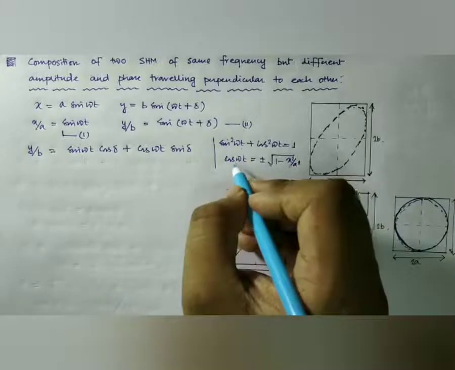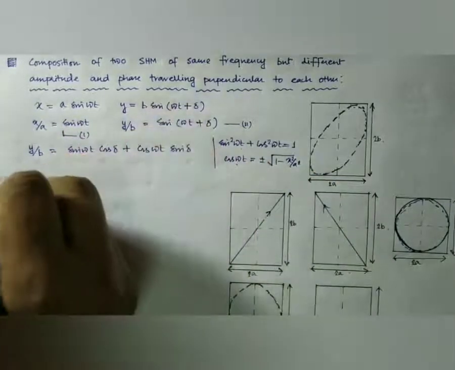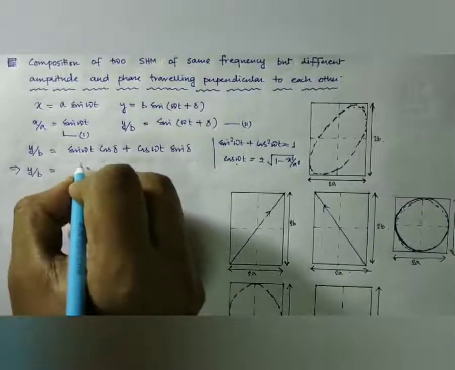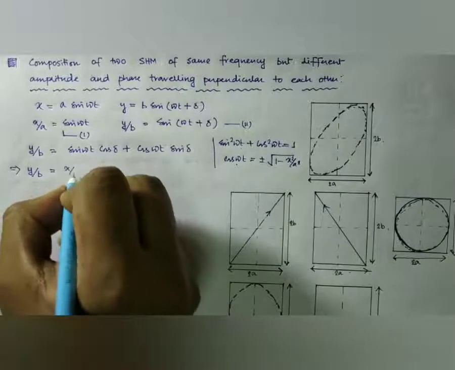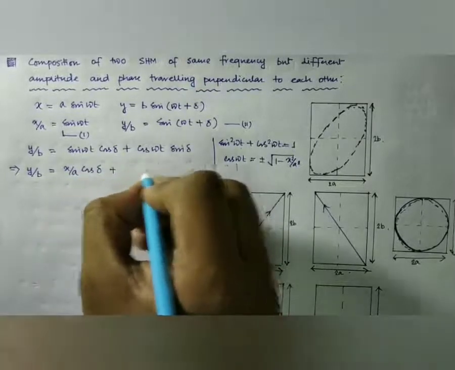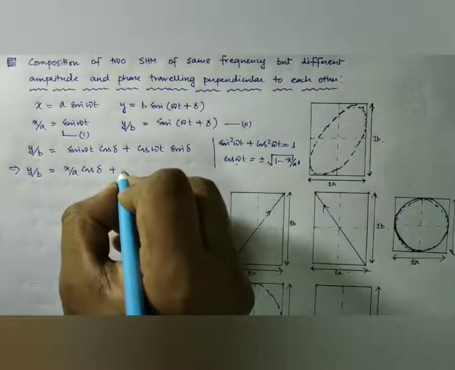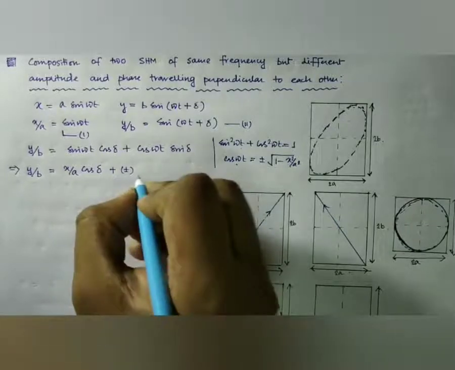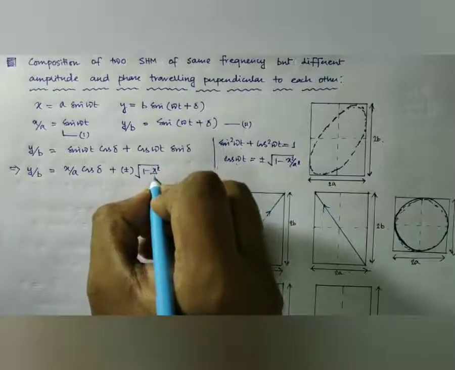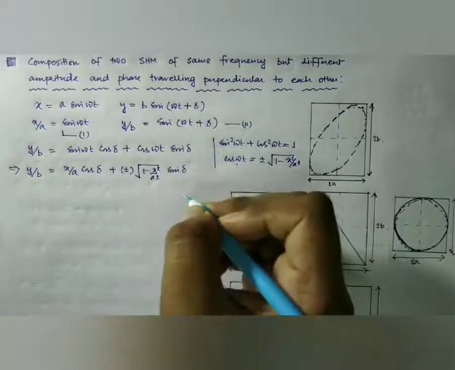And now by using the value of cos omega t and sine omega t and putting all this in the equation, we have y by b equal to sine omega t, which is x by a, cosine delta plus cos omega t, which is plus minus root over 1 minus x square by a square, into sine delta.